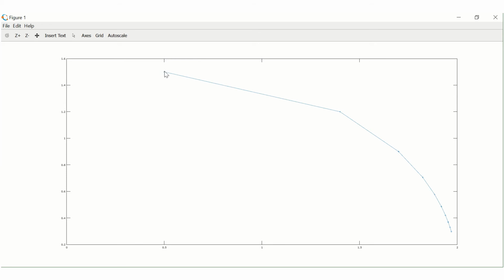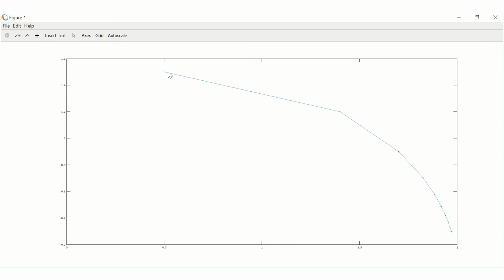Here you see you start with this point over here, and if you want to convince yourself, you can just put t equals 1, and you will get the real part of z equals 0.5, and the imaginary part is going to be 1.5. So it starts from this point, moves to this point, and slowly goes down to here.